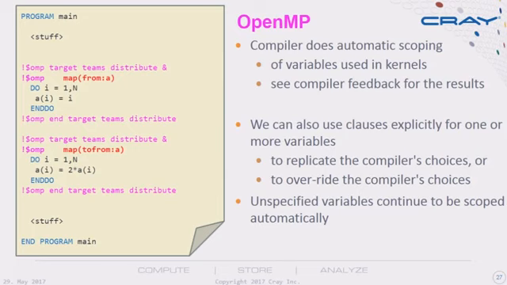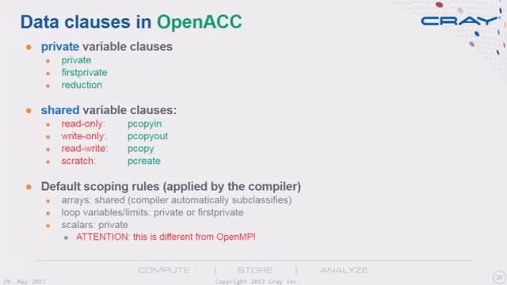It is always a present-or clause in that case, like we use in OpenACC. You can also do it explicitly. You can say, I don't mind if it's on the GPU, I want to copy the data anyway. Then you can use, for example, copyin without the P.